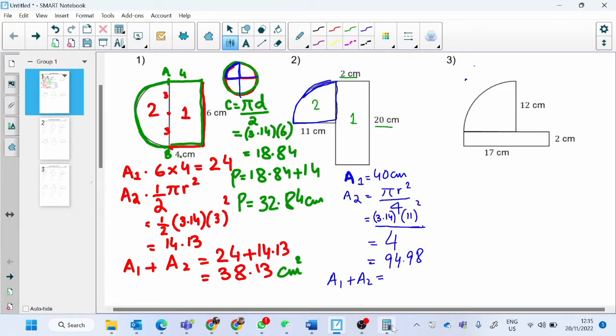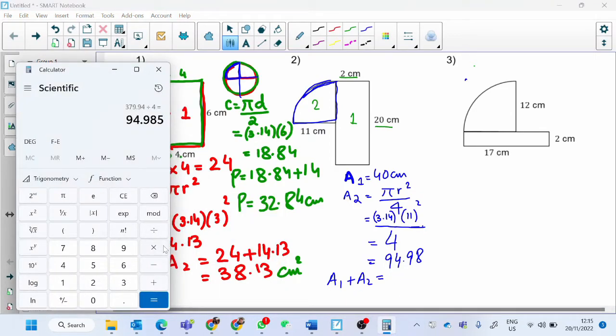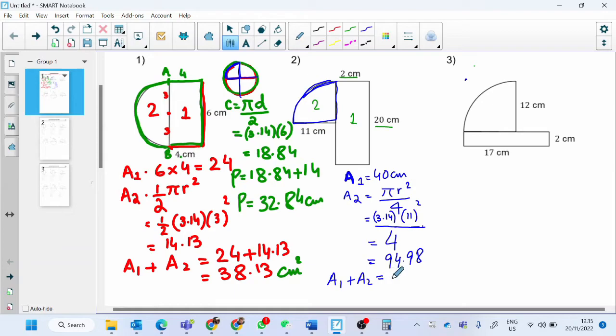So 40 plus 94.98, plus 40, and this should give us 134.98 centimeters square. So this will be the area of these two composite shapes.